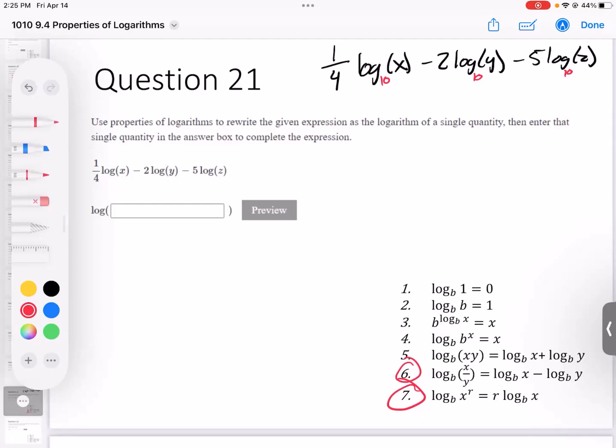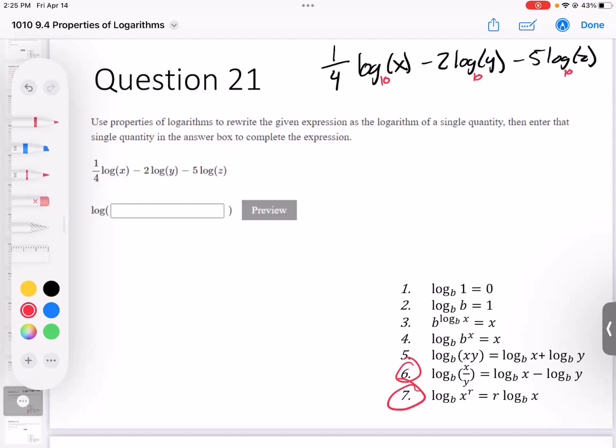So in this case, if we want to simplify this, we will be using both property 6 and property 7. And which one do you guys think we should use first? Yep. And in fact, we have to use 7 first because property 6 doesn't account for any coefficients. And so we have to use property 7.